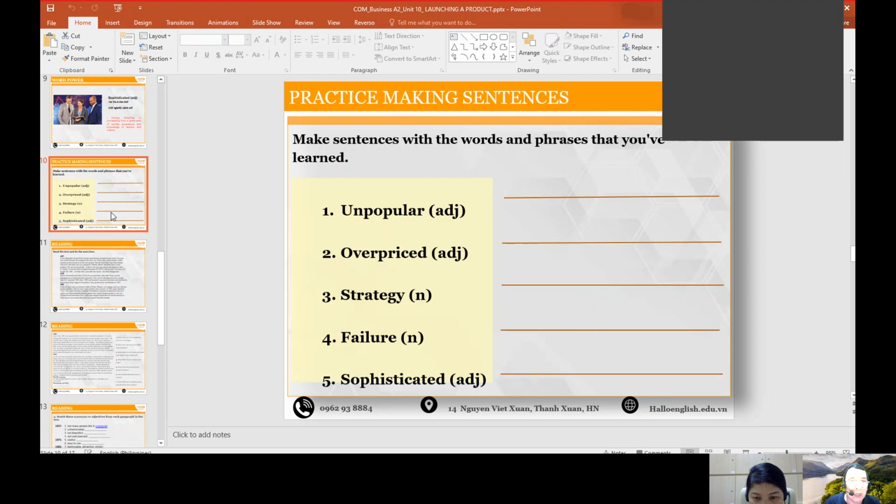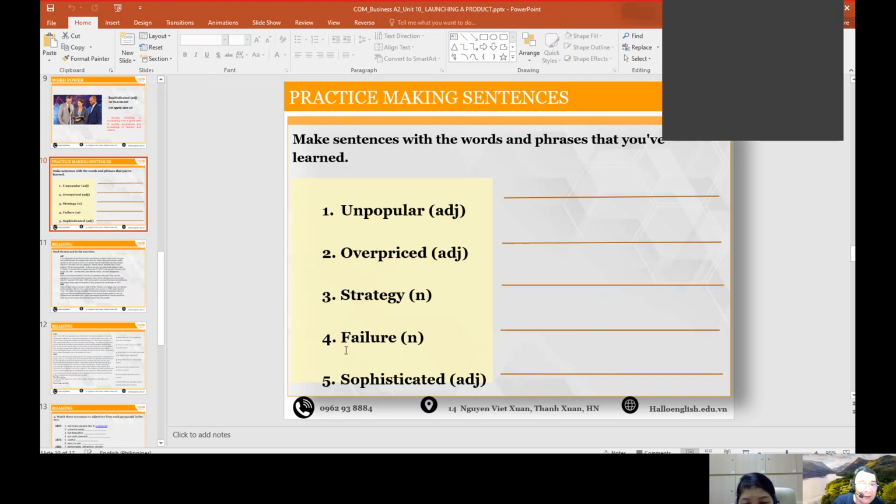What we have learned for the vocabulary today would be five words. Number one is unpopular. Number two, overpriced. Number three, strategy.